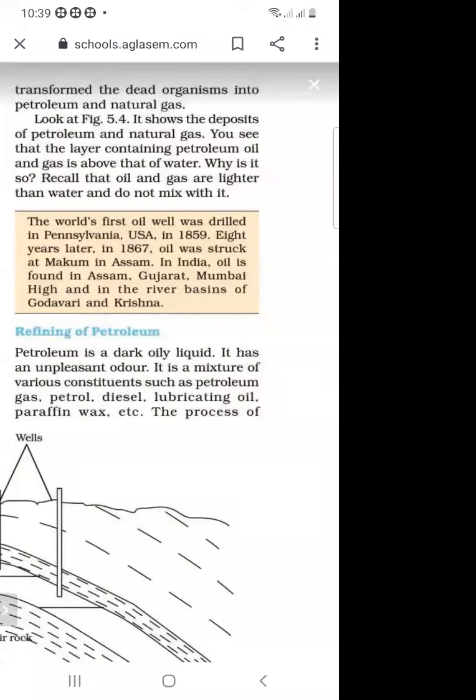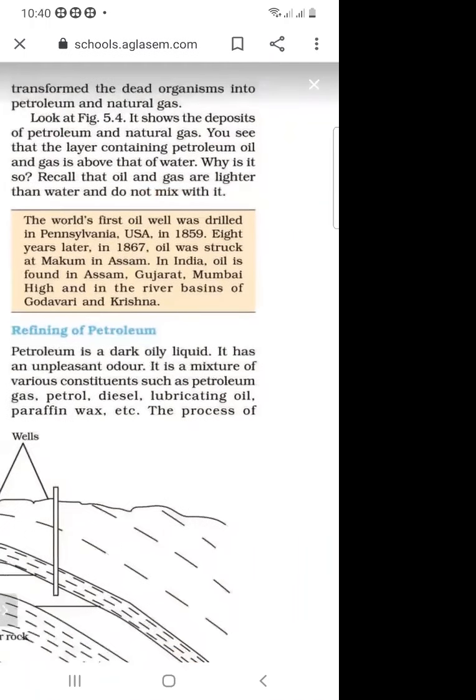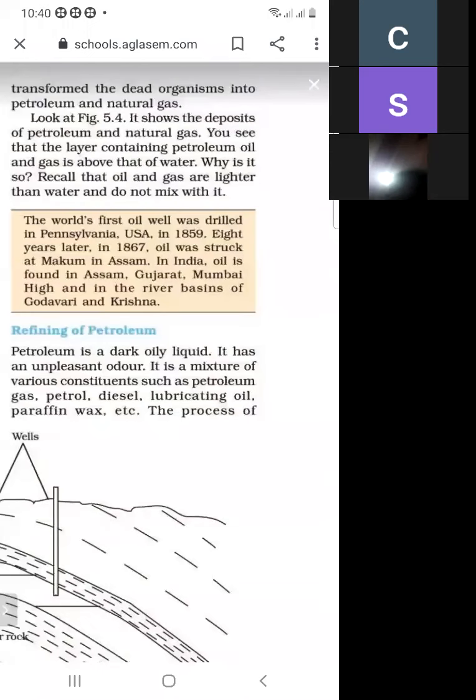You see that the layer containing petroleum oil and gas is above that of water. And why is it so?